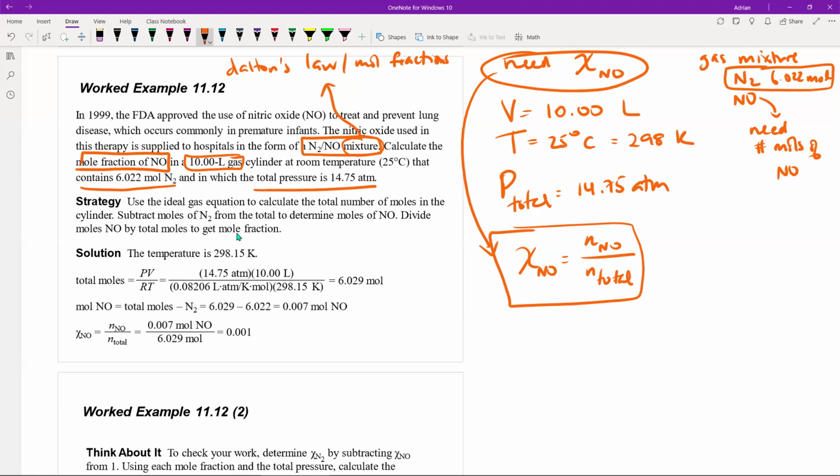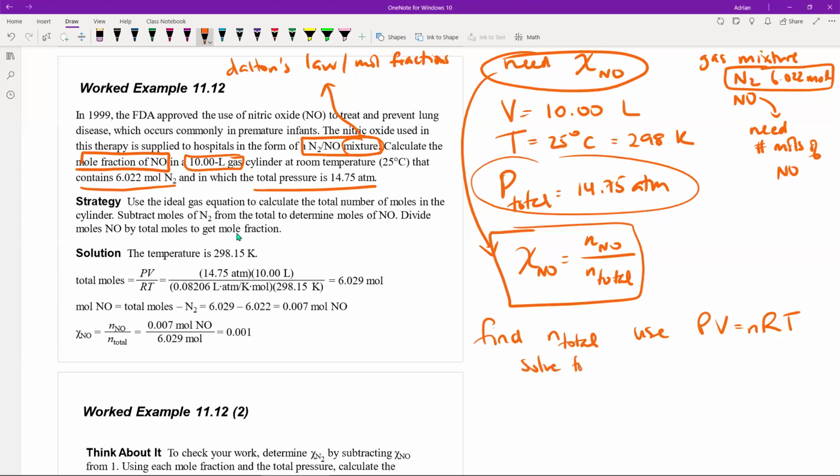So what we can do is find the total, because we're given the total pressure. We can find the total number of moles, n total, by using the ideal gas equation, PV equals nRT, and we can solve it for n. Rearranging our equation, we get n is equal to PV over RT.